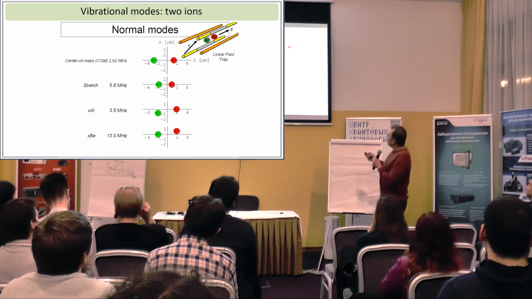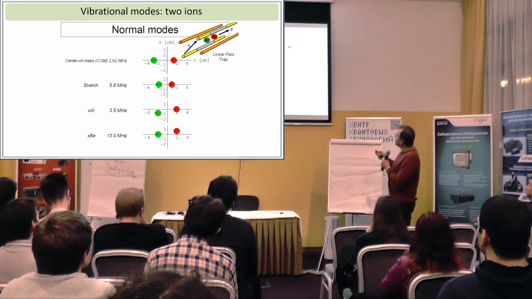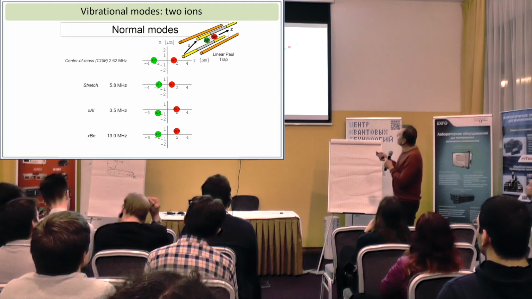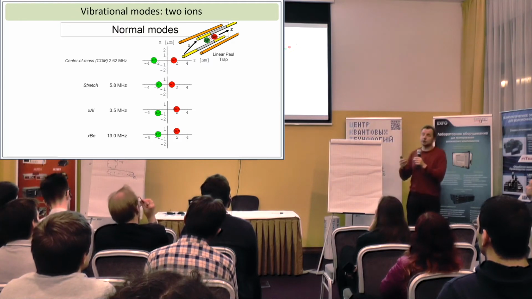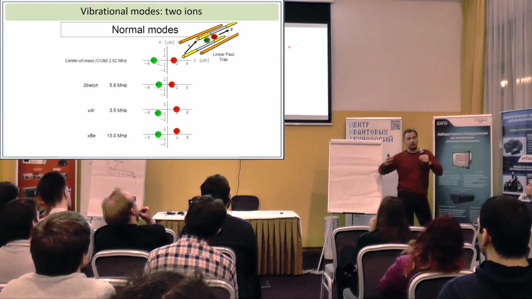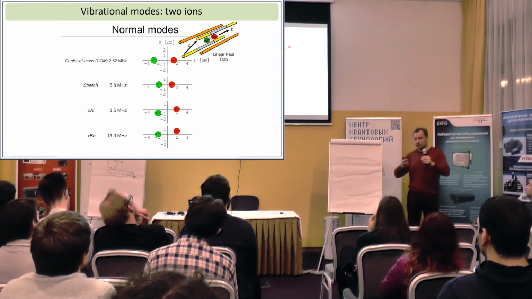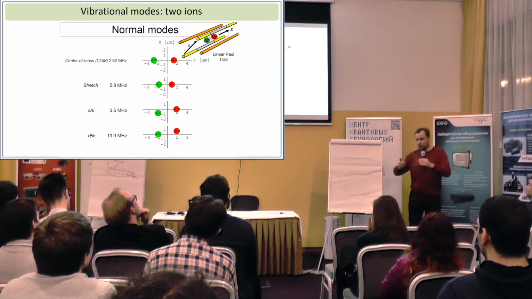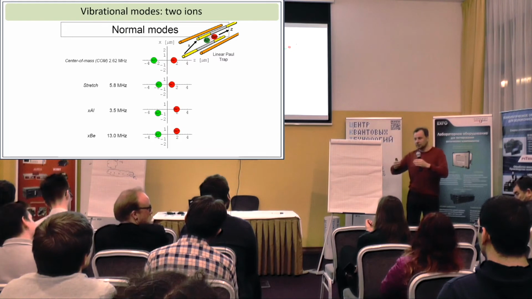How does it work? Cirac and Zoller suggested to use the common vibrational mode. So if you have 2 particles or 3 or 5 particles in a trap and you excite vibration, they all will move together. So this will be a common quantum state because it's already quantized.